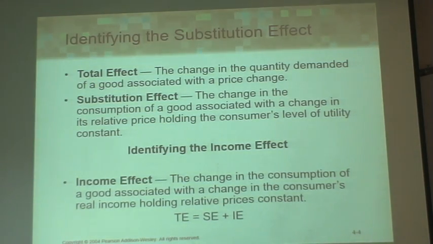But the distinction here is on the income effect. For normal goods, the income effect is positive. For inferior good, it is negative. For Giffen goods, the income effect is greater than the substitution effect so much that the demand curve becomes positive slope.